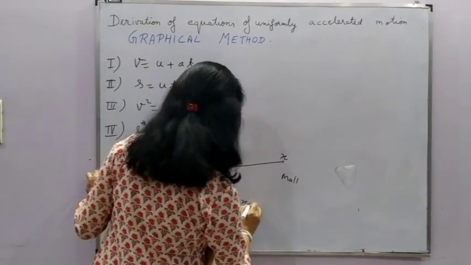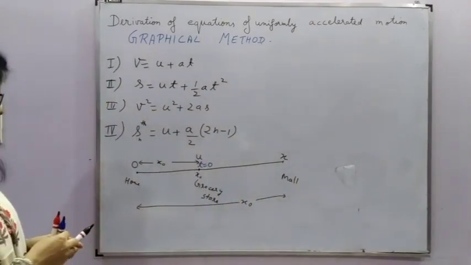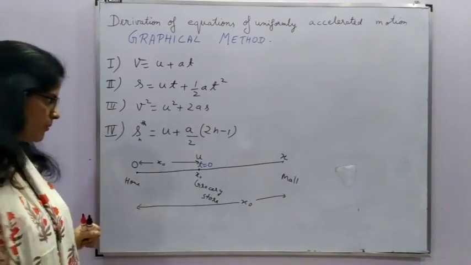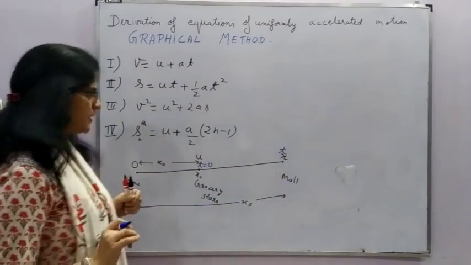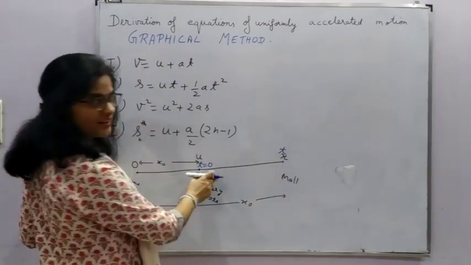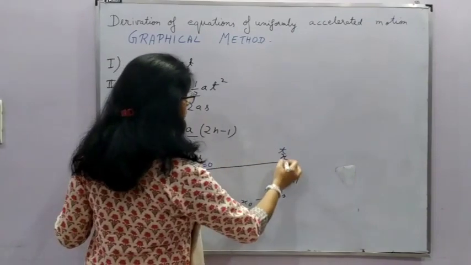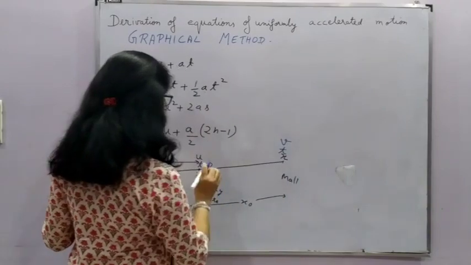At this mall, when you reach, the time is t, and since you uniformly accelerated your vehicle, the speed at the mall is v.